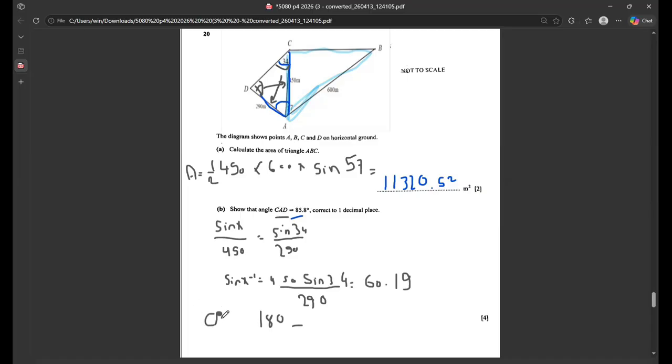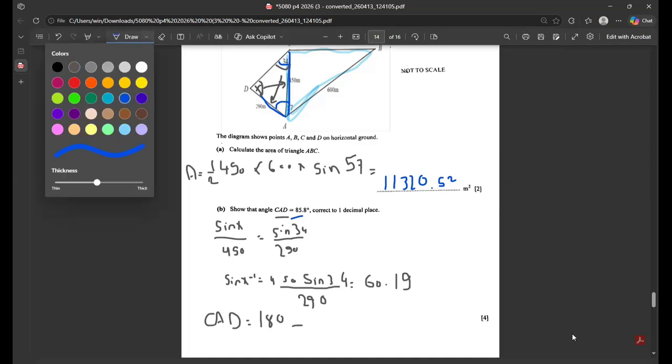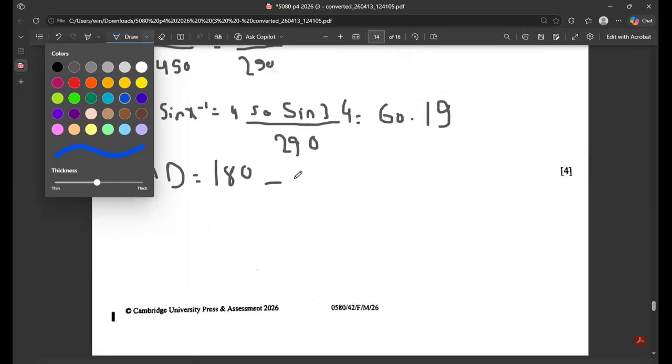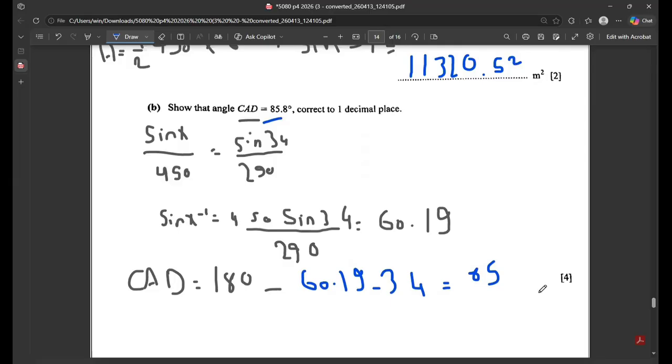You can say CAD will be equal to 180 minus 60.19 and also minus the 34, which equals 85.8, to 1 dp, and we get a full mark from it.